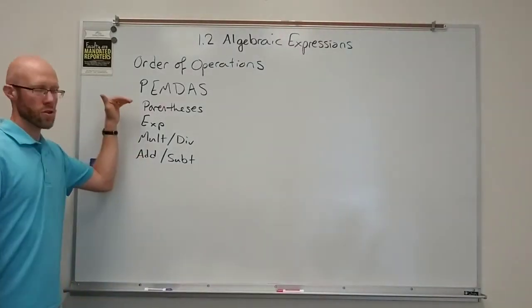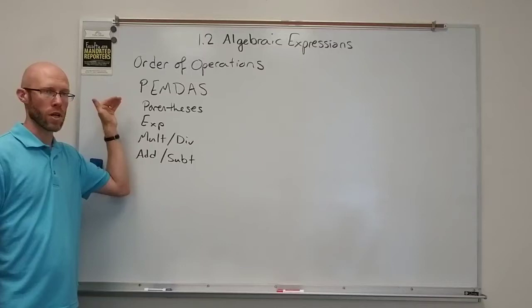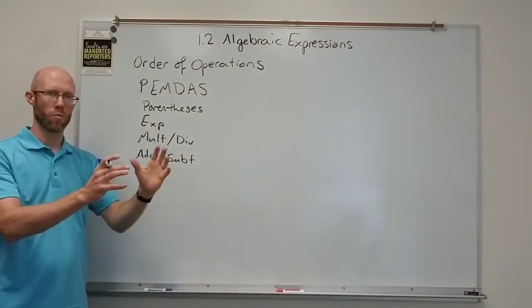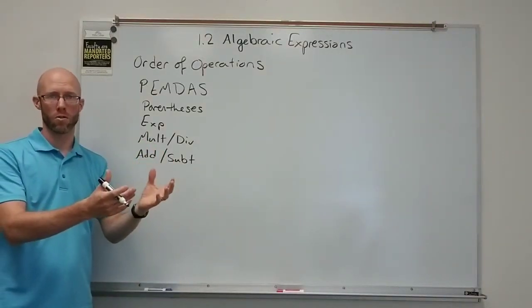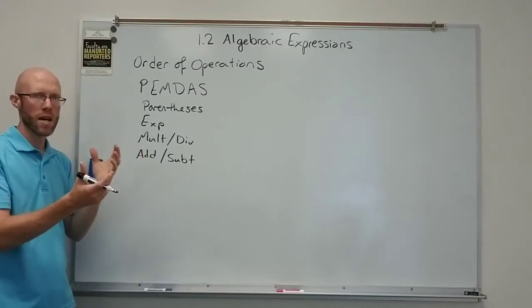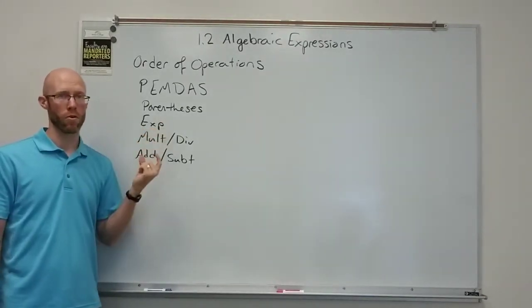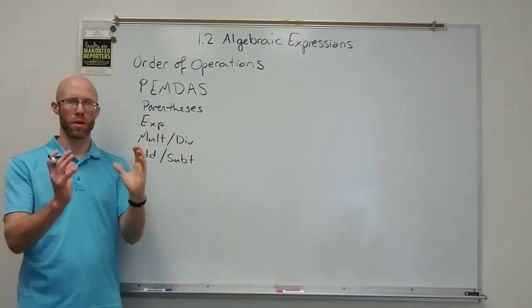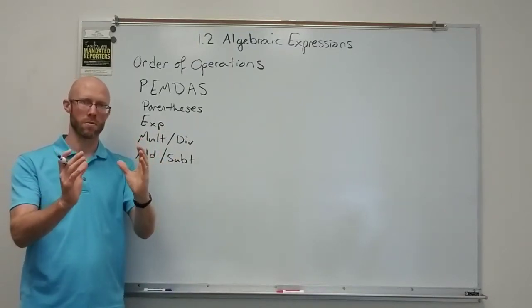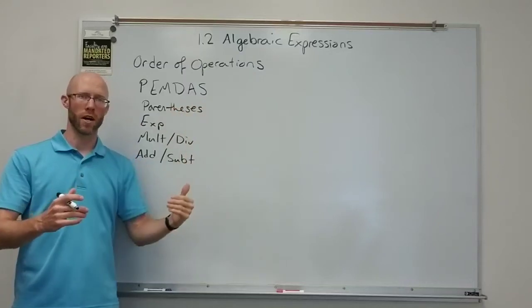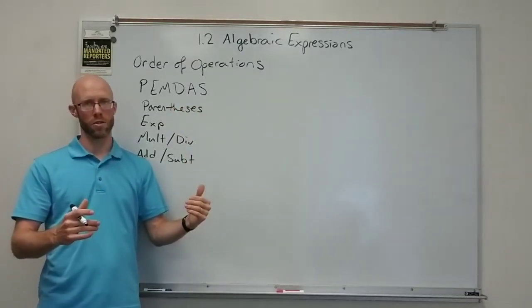So those grouping symbols we use to separate things that we want done first for a particular reason. In other words, you may have a situation where you want to do an addition before you do an exponent. And in that case, you put parentheses around that addition to say this has to be done first before we move on to the rest of the order of operations.